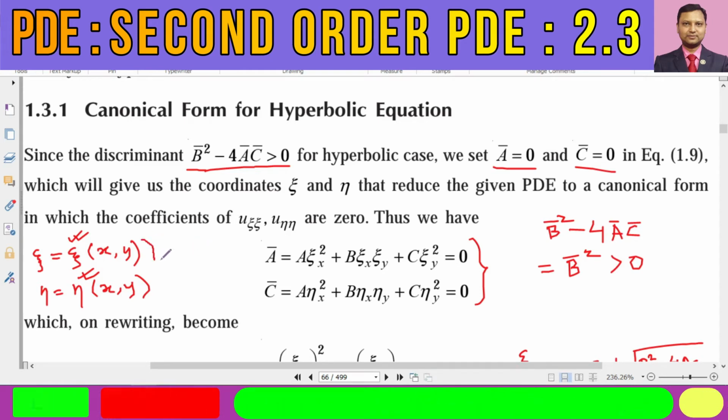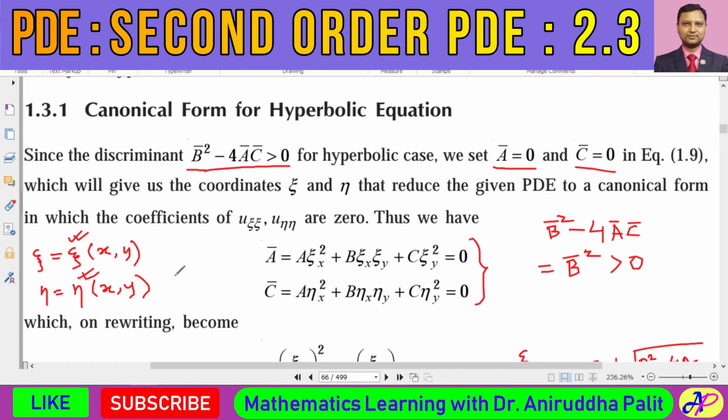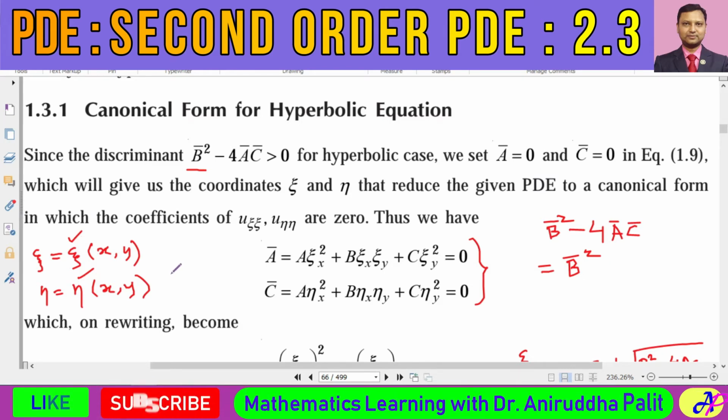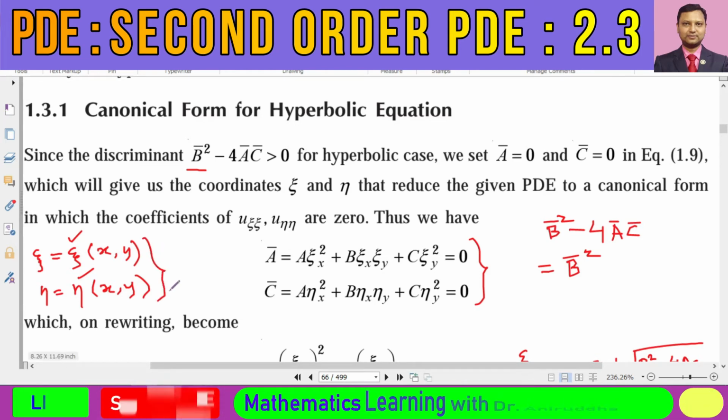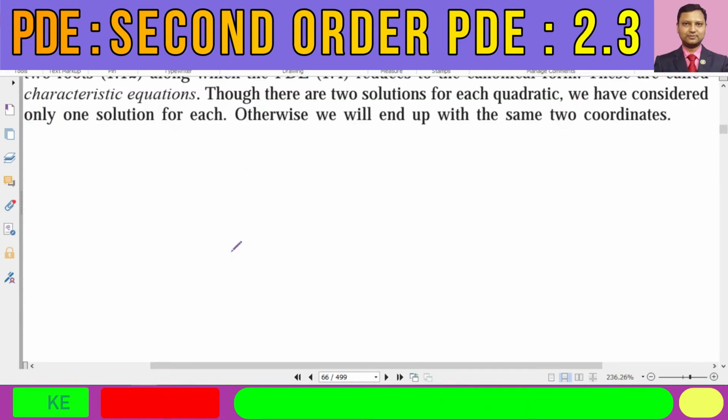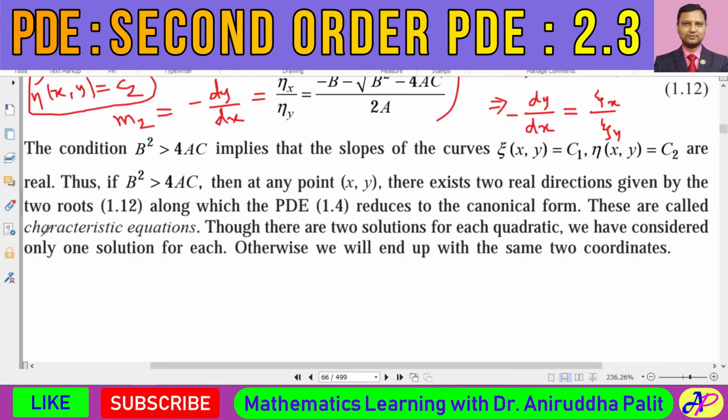So that was our target. These relations xi and eta are actually called the characteristic equations.